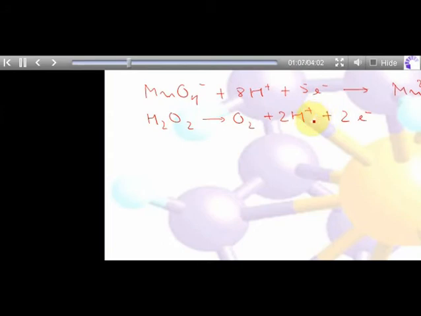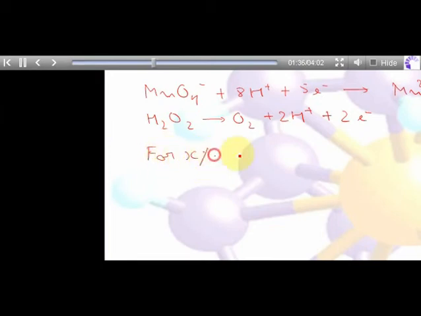Now from this equation you can see that 1 mole of hydrogen peroxide liberates 2 moles of electrons. So the equivalent mass of hydrogen peroxide can be written as its molar mass divided by 2. Since its molar mass is 34, its equivalent mass will be 17 gram per equivalent.